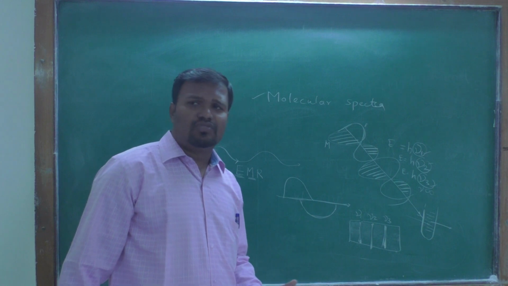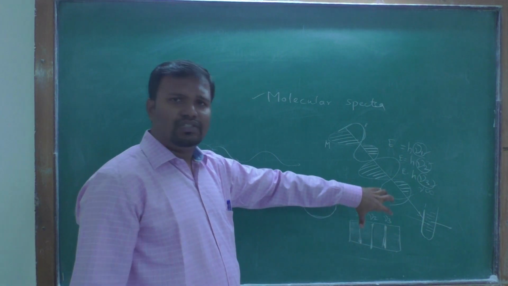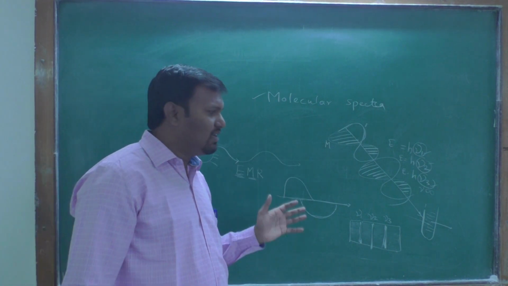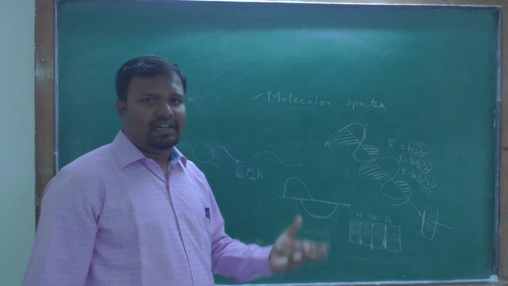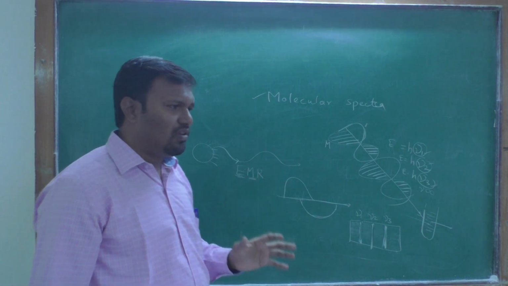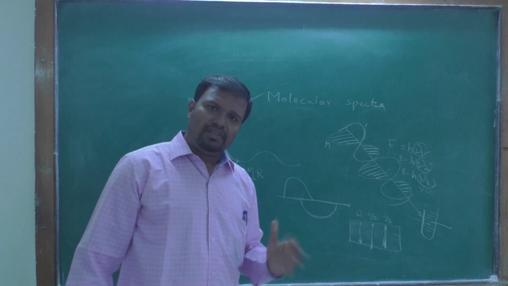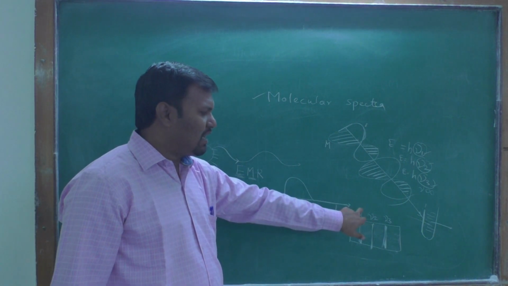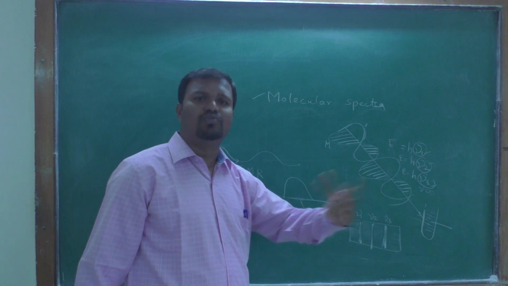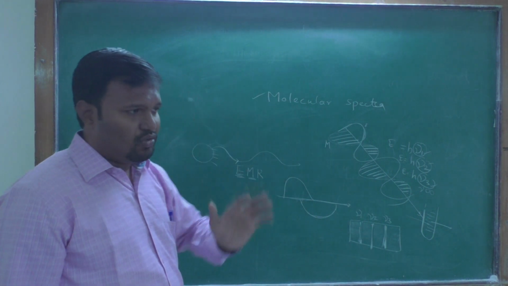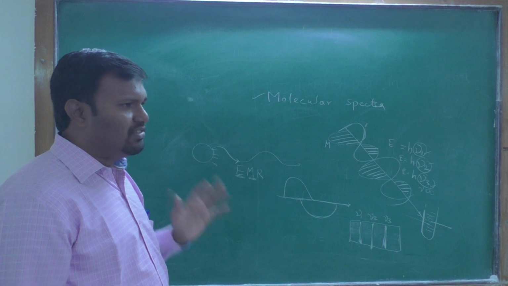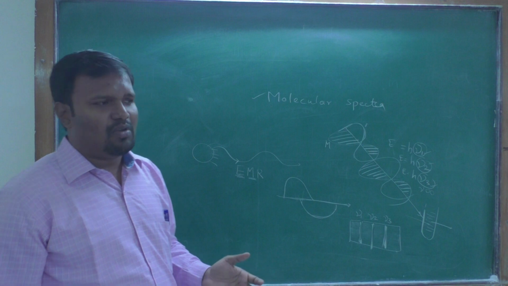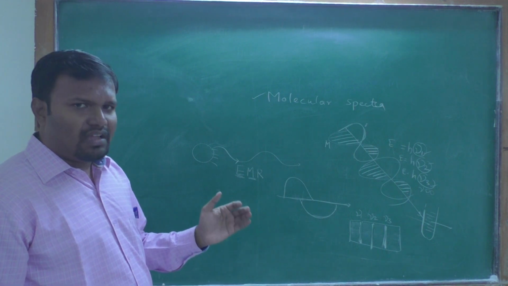The detector also gives the reading of these frequencies. It gives a chart, and that chart is nothing but the spectra. By the machines and detectors, using calculation software, you obtain the spectra, which show which frequencies the matter absorbs.